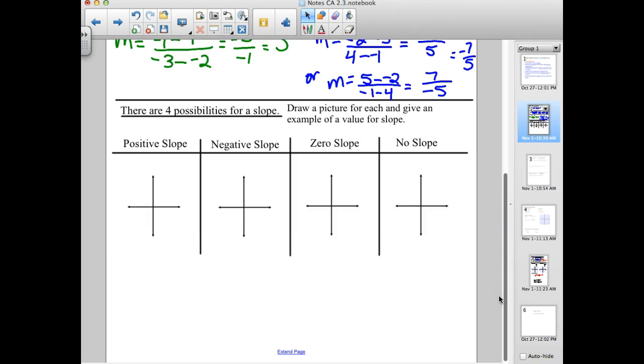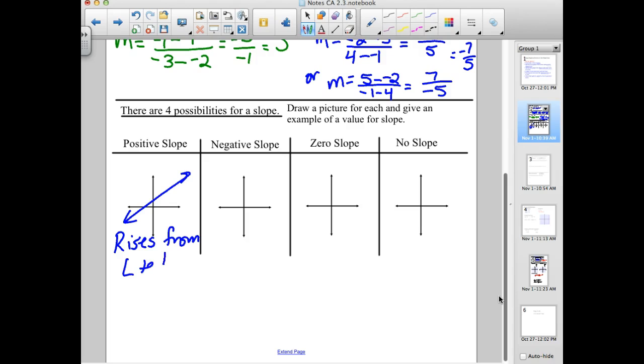All right, so pictures quick of our 4 different types. If we have a positive sloping line, what does it look like? It should rise as you go from left to right. A negative sloping line then would fall going from left to right.